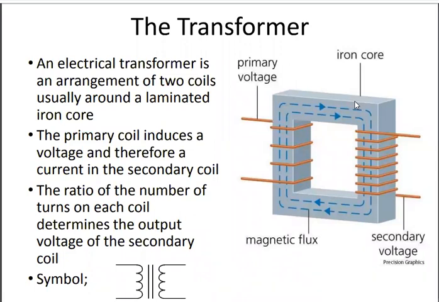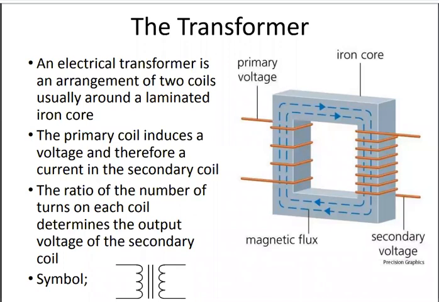As there is any change in current or voltage in primary coil, the corresponding magnetic field will change and transfer to the secondary coil. And you know well that changing magnetic field or magnetic flux causes EMF induced in the coil.